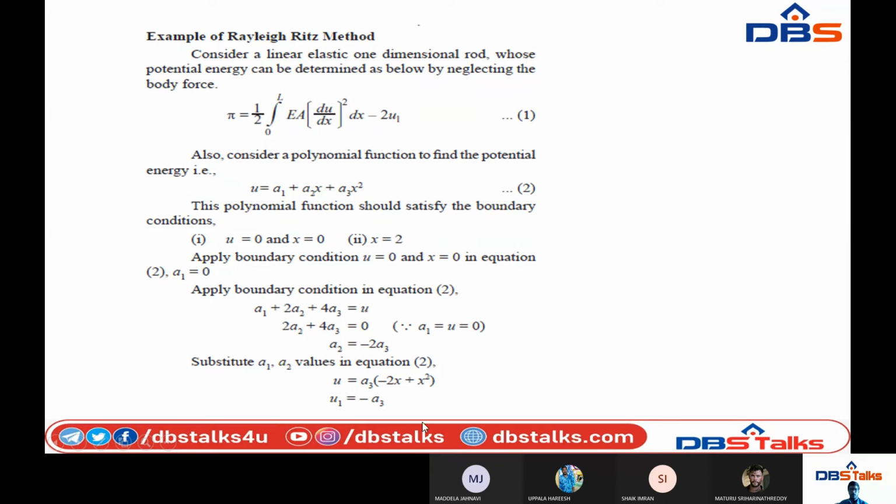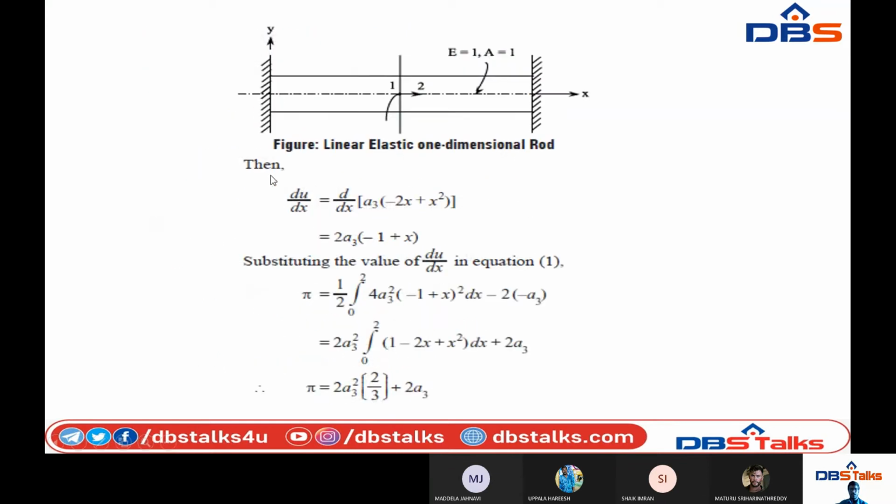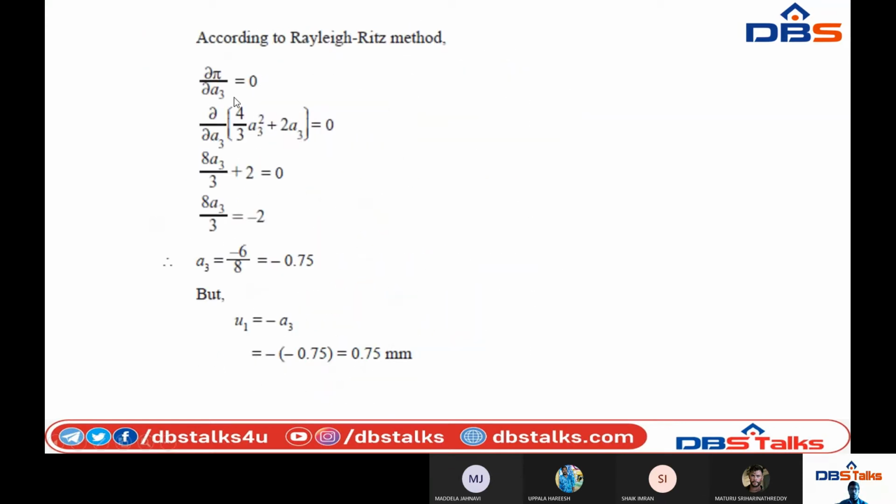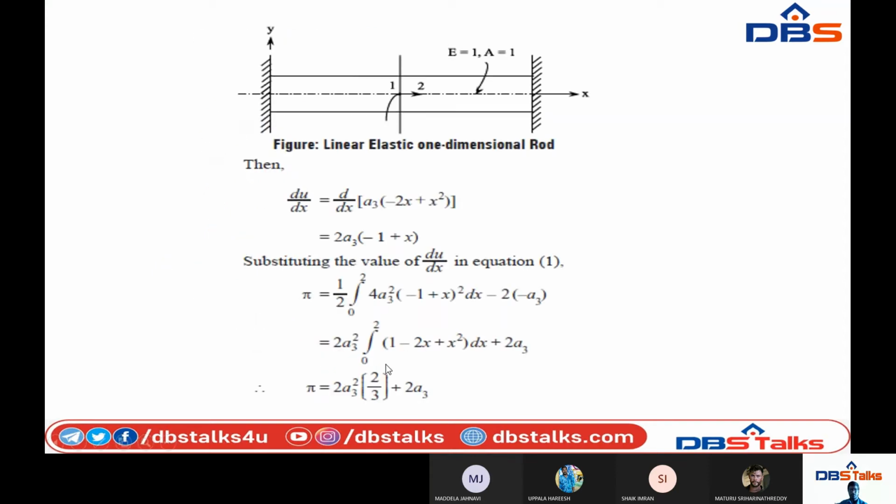So based on this expression, I have to find the value of a3. For this reason, I am taking dou pi by dou a3 equal to 0 and getting a3 equal to minus 0.75. U1 equals minus a3, that is minus of minus 0.75, which is 0.75.